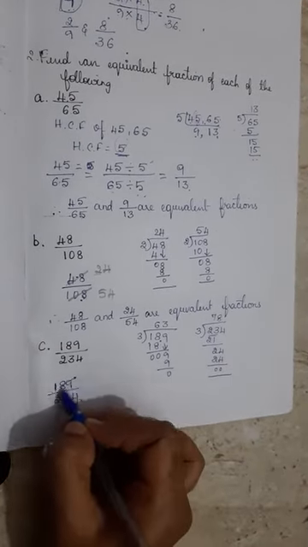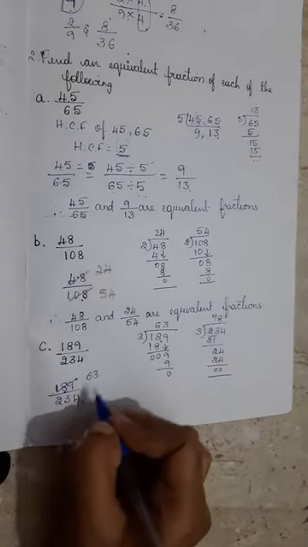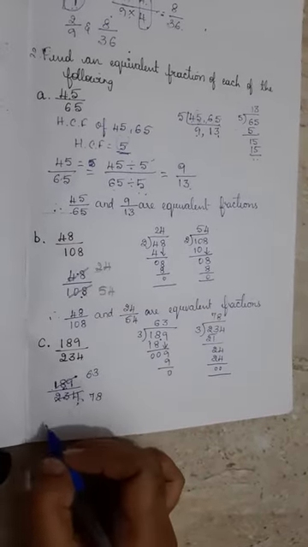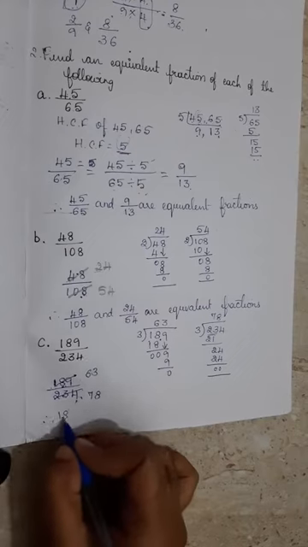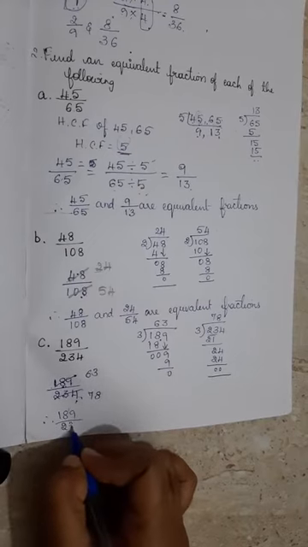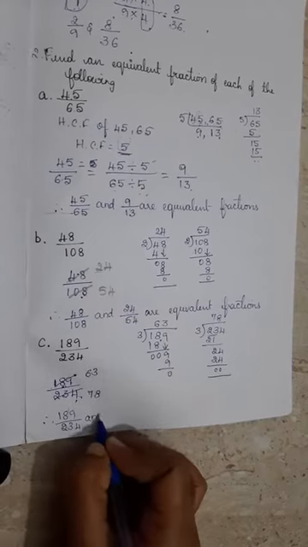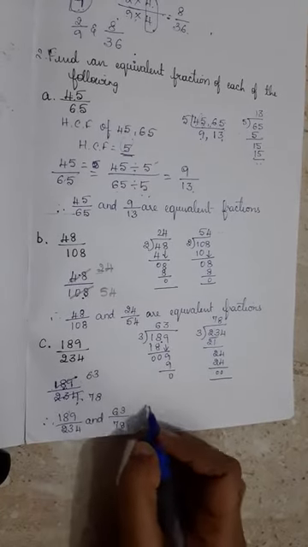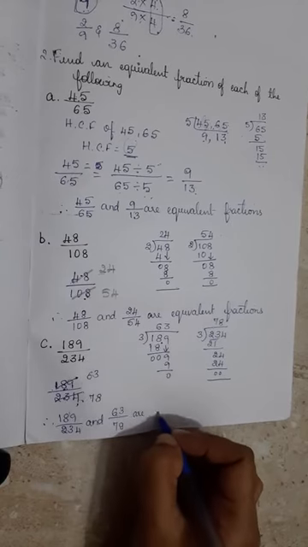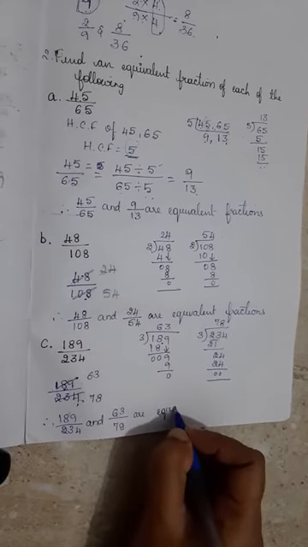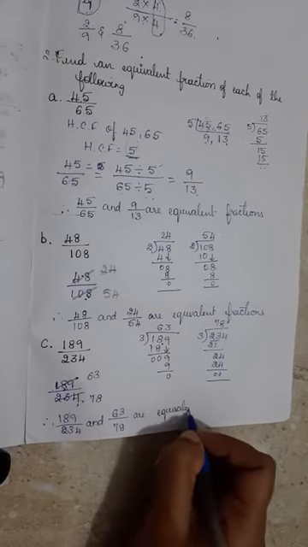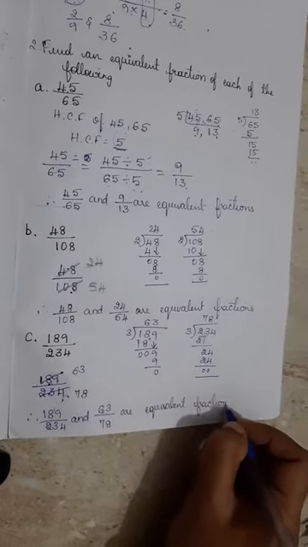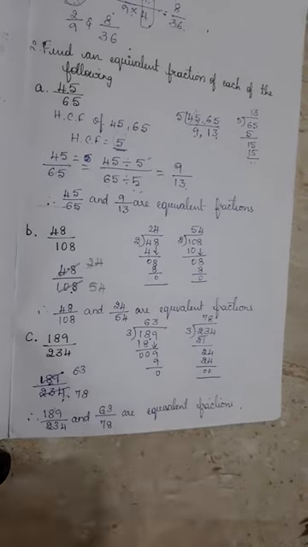So 3 6s are 63, and this is 78. So therefore 189 by 234 and 63 by 78 are equivalent fractions. Clear?